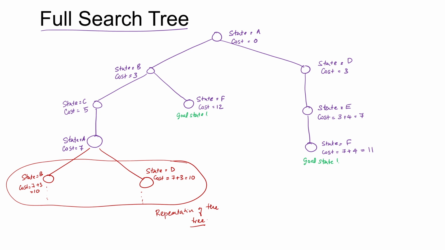But you can see that, in this case now if you look into it, A to B to F, cost is equal to 12, A to D to E to F, the cost is equal to 11.